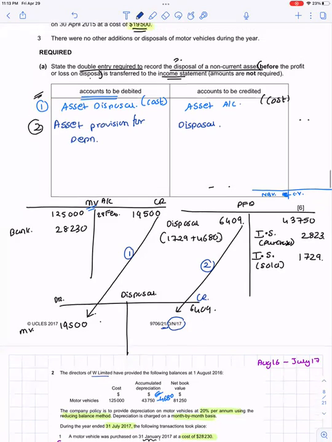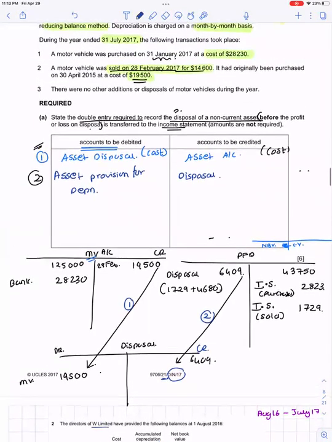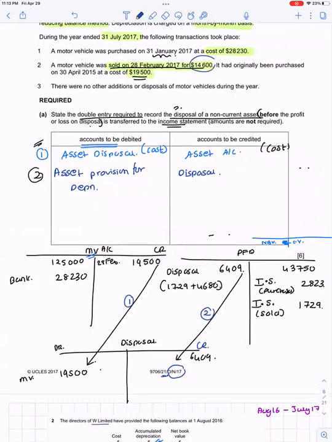Then how much did you sell the asset for? 14,600. They don't want the entry for profit or loss on disposal. They want only entries up till removing asset from asset, depreciation from depreciation.